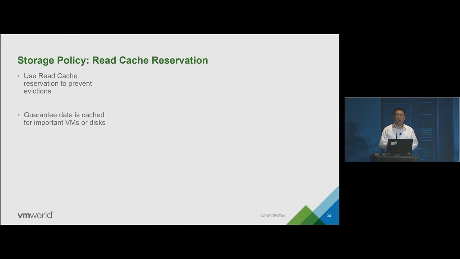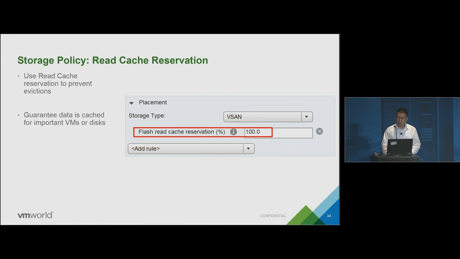This can be done by applying a read cache reservation policy to the first workload VM. We just create a new customized VirtualSAN storage policy by setting the flash read cache reservation to be 100%.